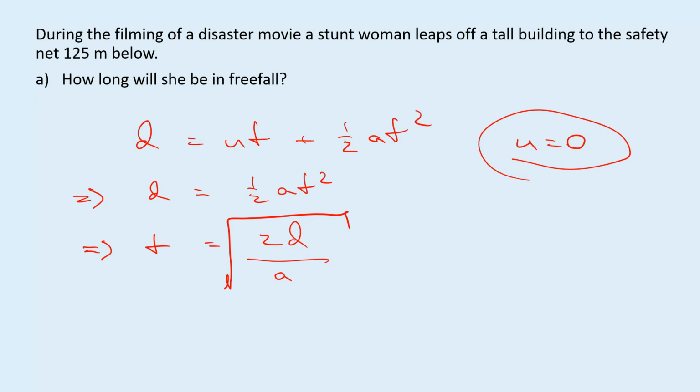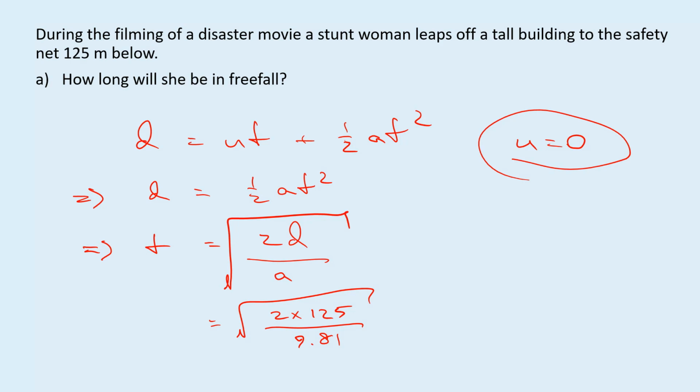So then we, of course, put our numbers into the equation. So we've got the square root of 2 times. And now we actually go back and look at the question. The distance was 125. There we go. And we divide this by the acceleration. Well, we're assuming this is on Earth, so let's take 9.81.